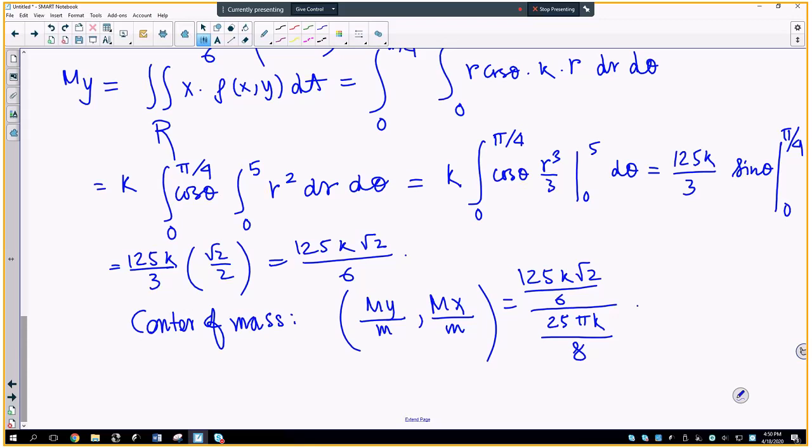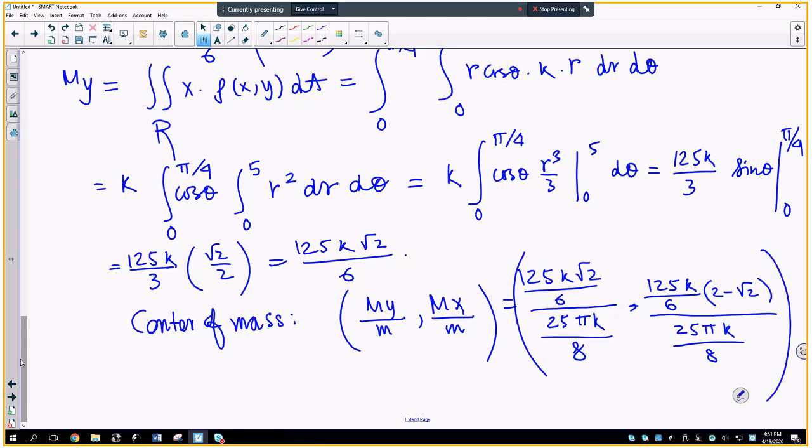Comma, mx was 125k over 6 times 2 minus square root of 2, over the same mass, 25 pi k over 8.